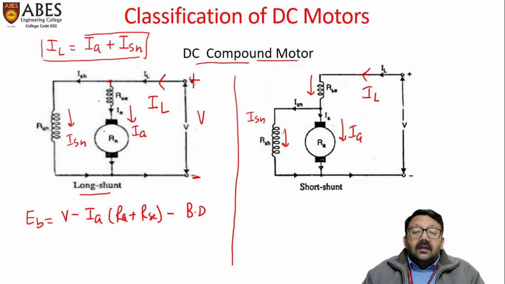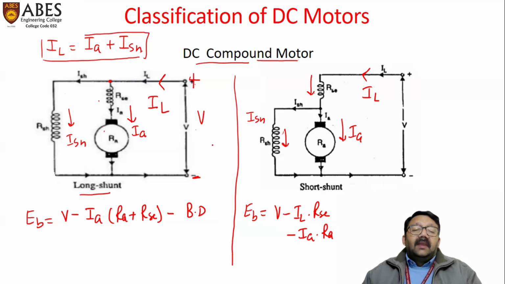Now for this short shunt motor, we can find the relation between supply voltage and back EMF as EB is equal to V minus IL into RSC minus IA into RA minus brush drop.